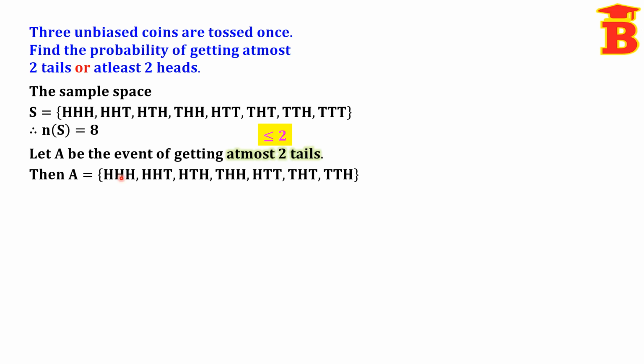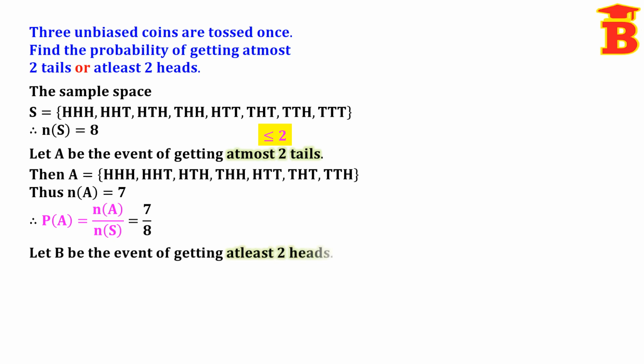We have no tail and then 1 tail and then 2 tails. Now count and write n of A equal to 7. Now using the formula P of A equal to n of A divided by n of S, that is equal to 7 divided by 8.